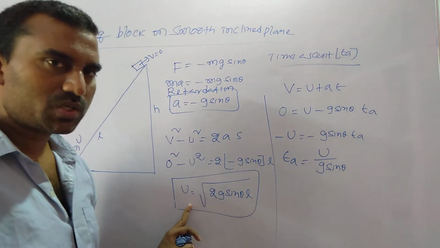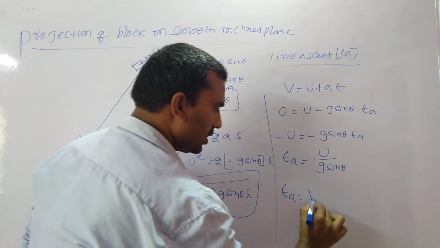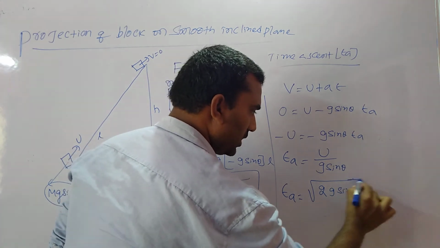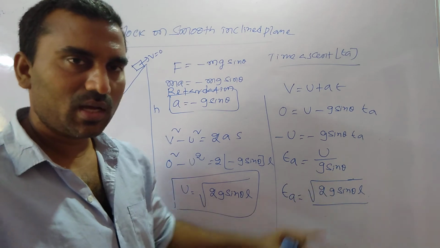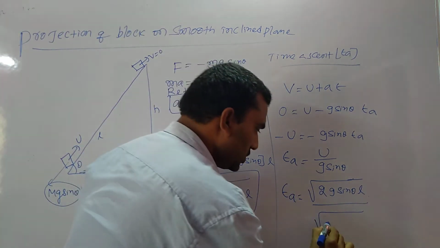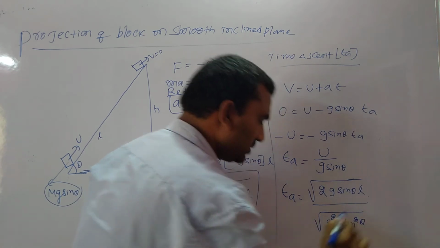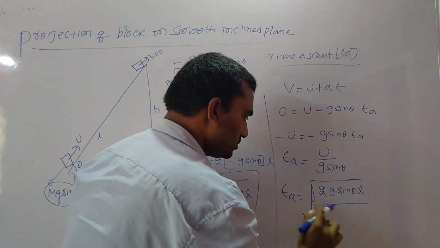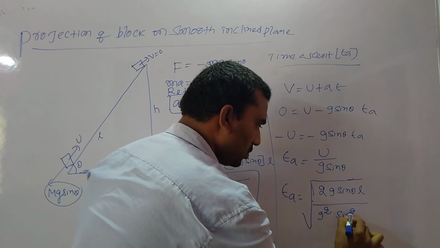Now, what is the initial velocity u? Substitute there. Time of ascent is equal to under root of 2 g sin theta into L, divided by g sin theta. I am writing g sin theta as under root of g square into sin square theta. If g sin theta goes under the root, you get g square into sin square theta.